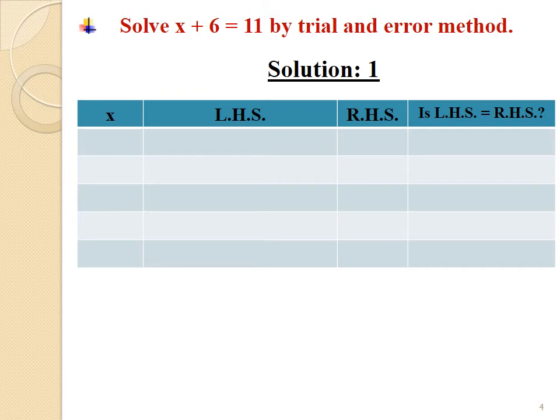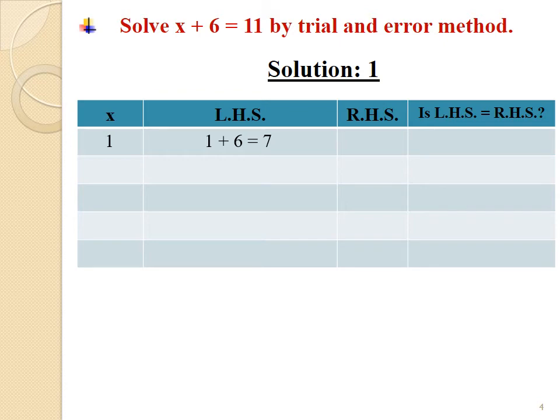First, let us take the value of x as 1. Now, let us write 1 in place of x and add 6 to it. Thus, adding 6 to 1, we get 7.